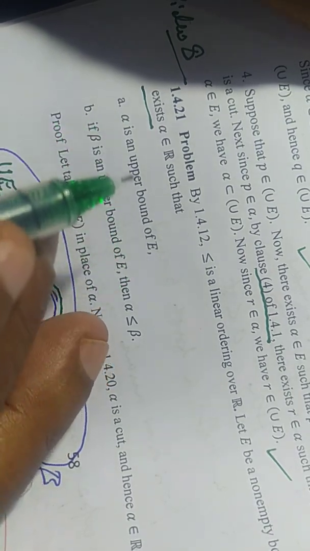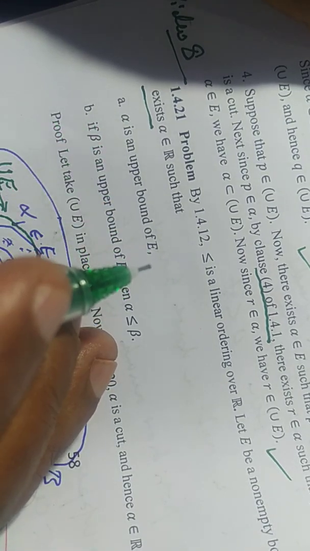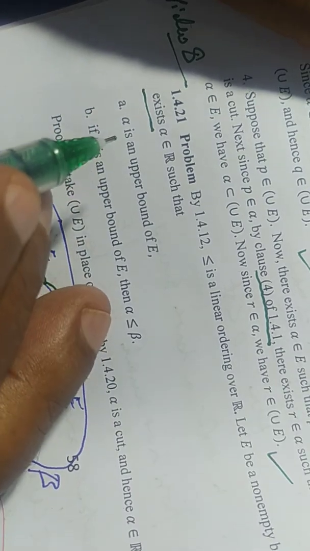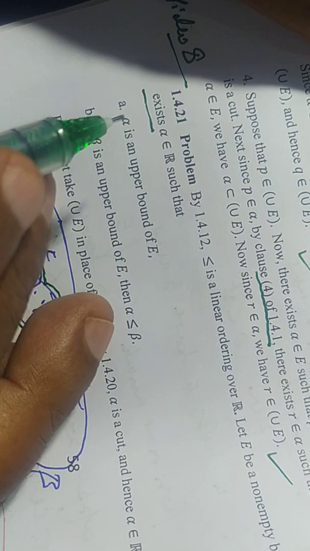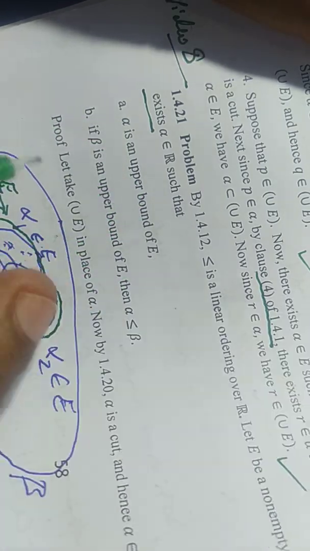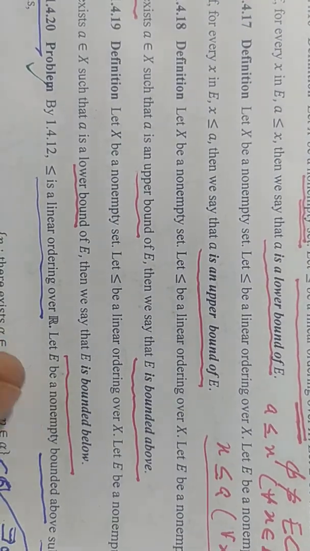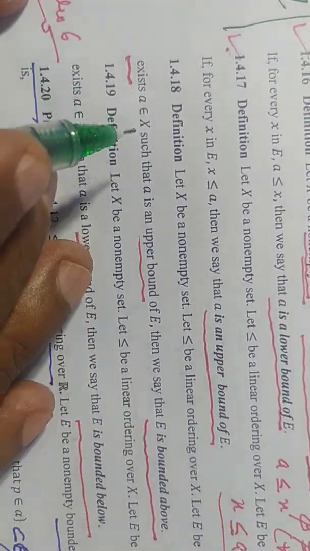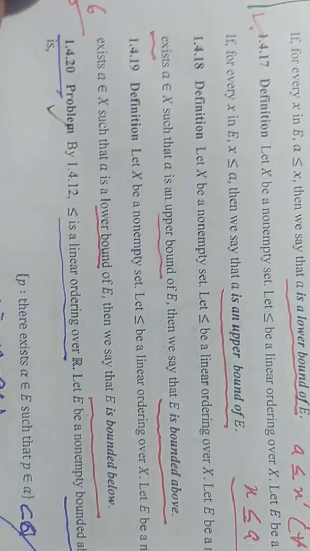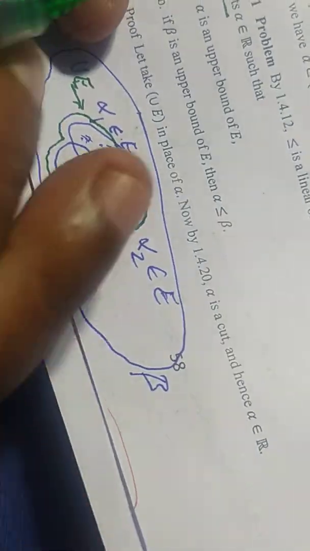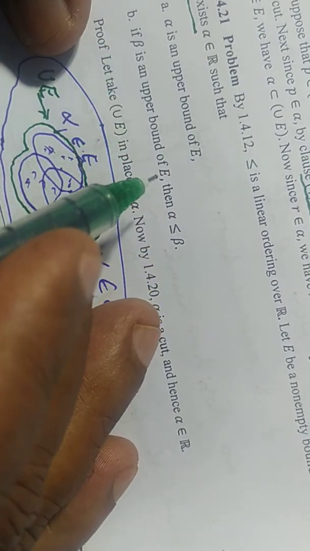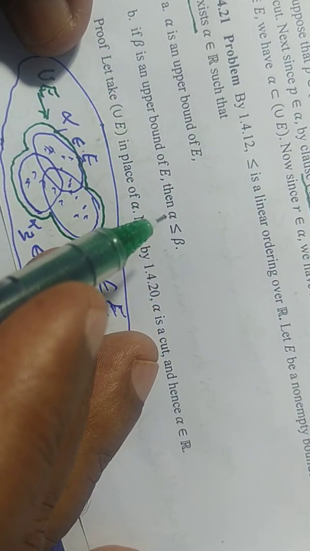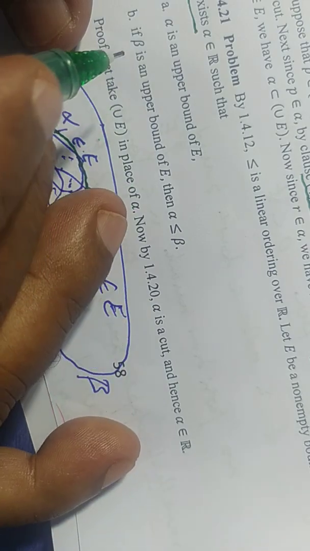What does it mean? I have given the definition. It means alpha is larger than every member of E. Next, another property is that if beta is an upper bound of E, then alpha is less than or equal to beta.